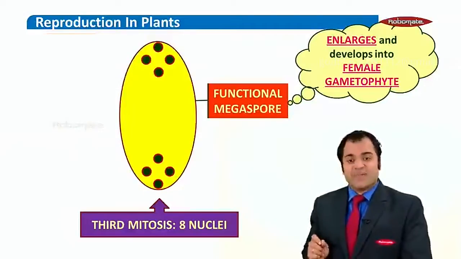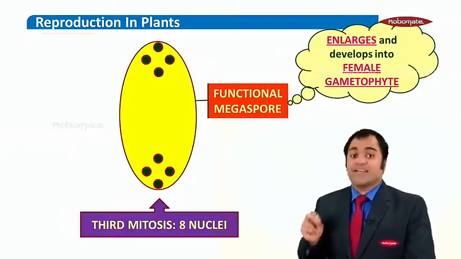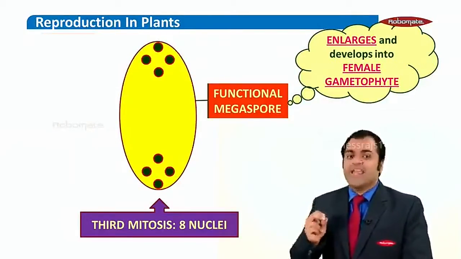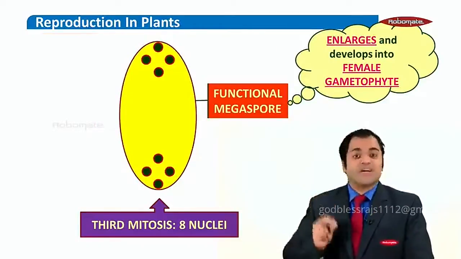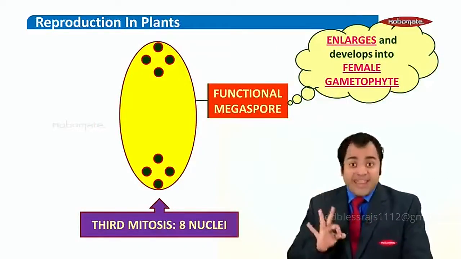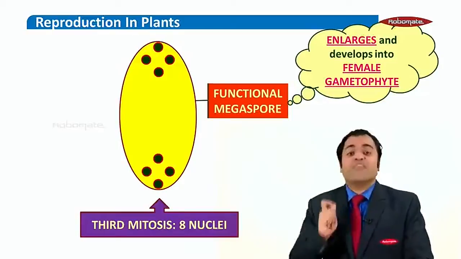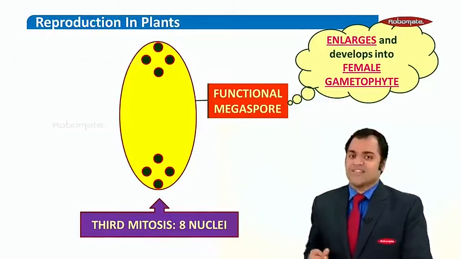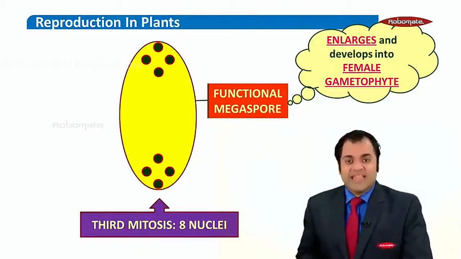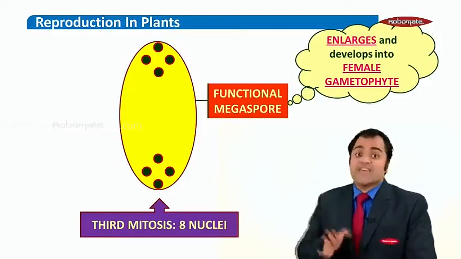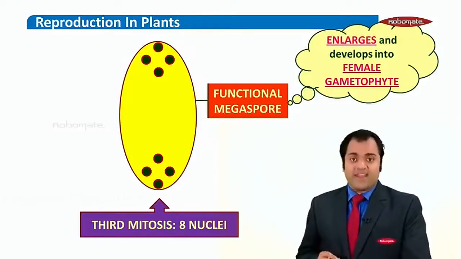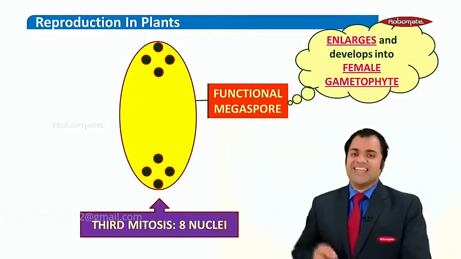Is that okay? So now you have the 8 nuclei ready in one functional megaspore thanks to 3 successive free nuclear mitotic divisions. Is that okay? Now let us see how the 7 cells will develop, right? For that, I'm going to go to the next module.